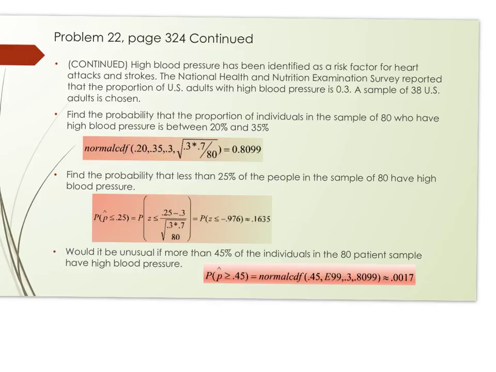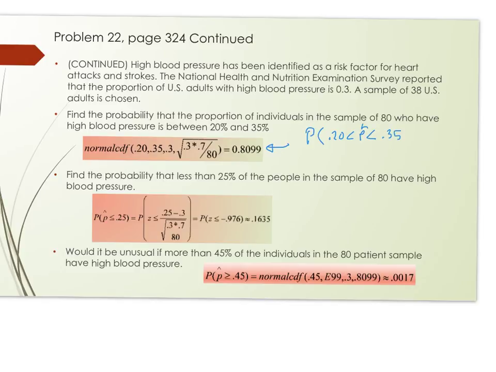We're continuing our discussion on high blood pressure. This is the same problem, 22, page 324, and part C says, find the probability that the proportion of individuals in the sample of 80 who have high blood pressure is between 20% and 35%. Again, our probability statement is the probability that 0.20 is less than p hat is less than 0.35.